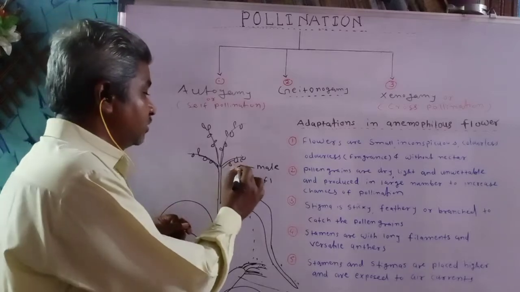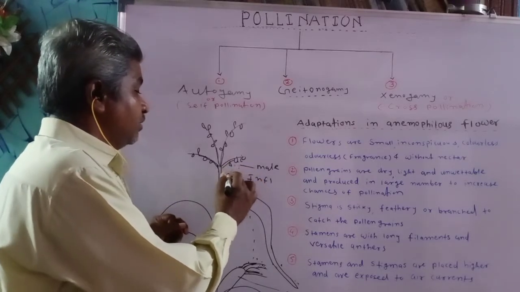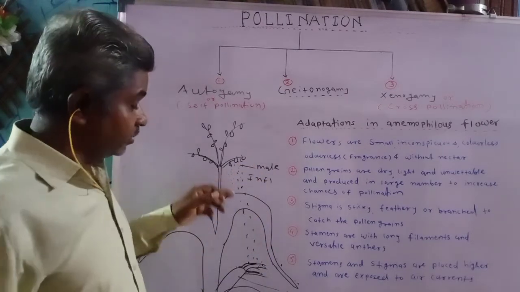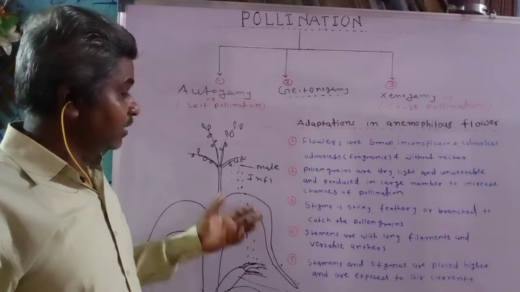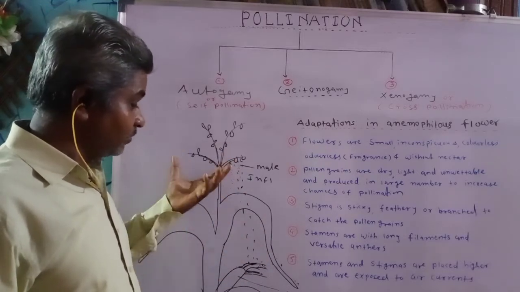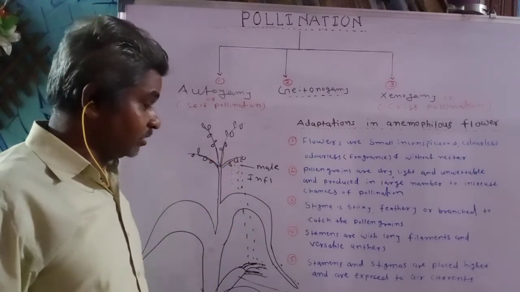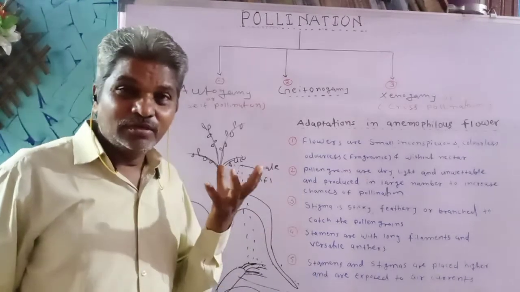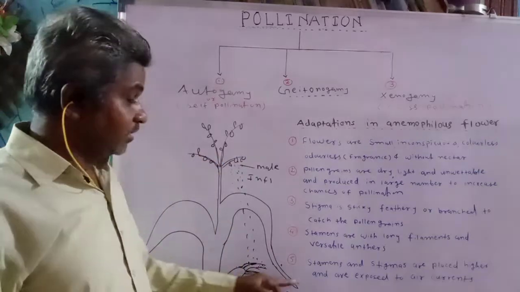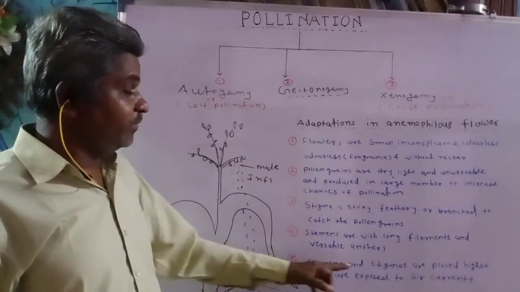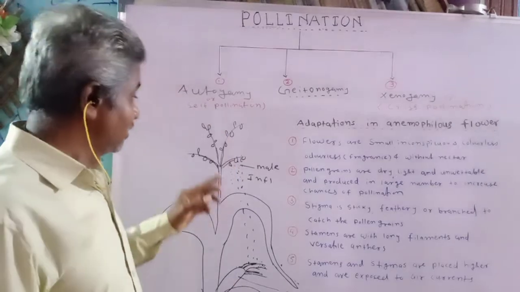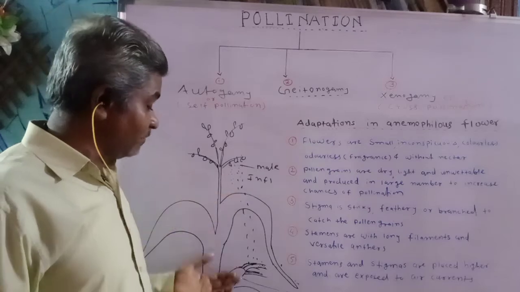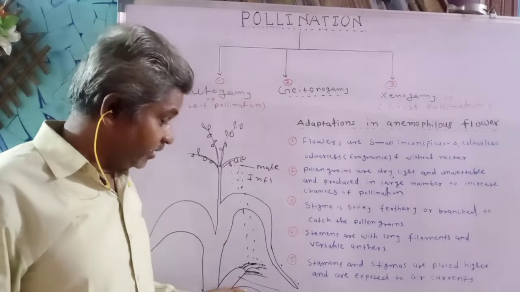When pollen grains belonging to the same plant fall on the stigma, the transfer of pollen grains from anthers to the stigma occurs, and pollination is made easy due to such an arrangement. The male inflorescence is placed higher, and just below it there is a female inflorescence.